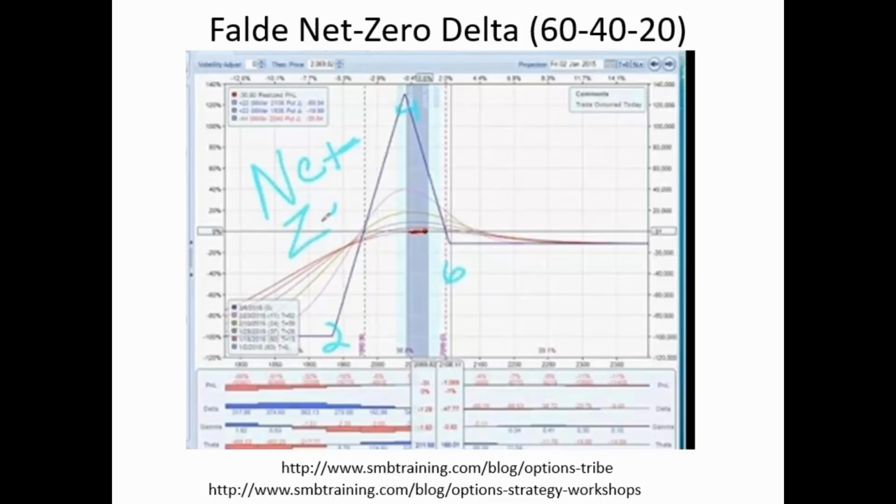For those of you who are not, it would probably be too time consuming to explain it, but if you look into broken wing butterflies in general, you'll see that these risk graphs are typical of option trading platforms that project the evolution of your profit as the market may move up or down and as time evolves.